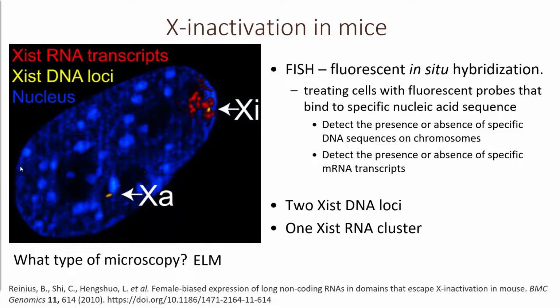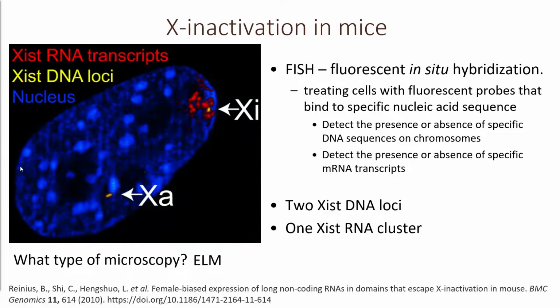In the image here, we see the nucleus labeled in blue, the Xist gene on DNA labeled in yellow. In this image, we can see two distinct Xist DNA loci because this is a female mouse cell, and each female has two X chromosomes and therefore two Xist genes.